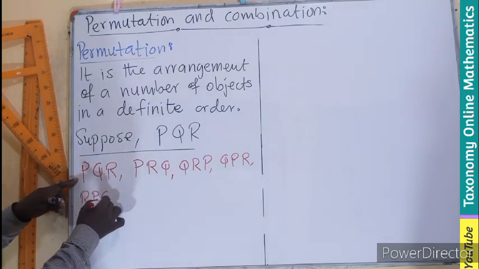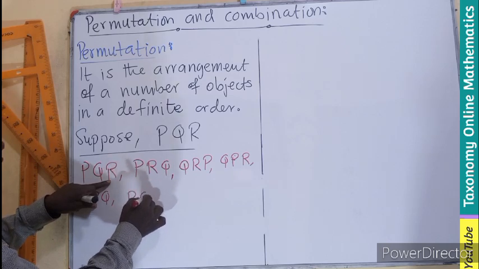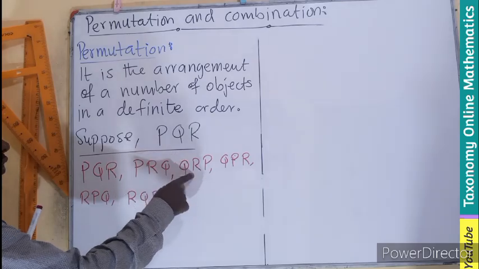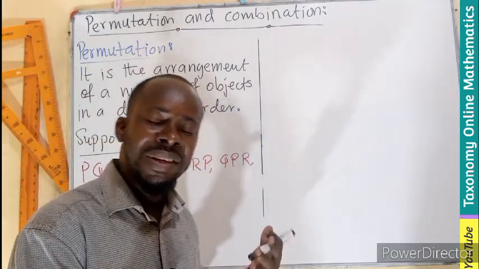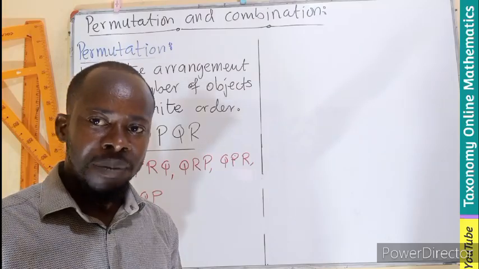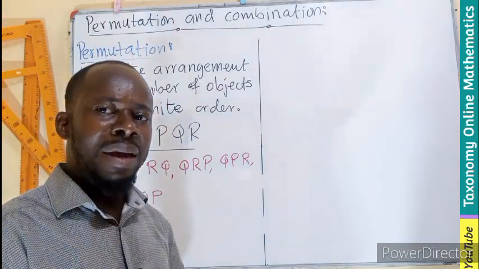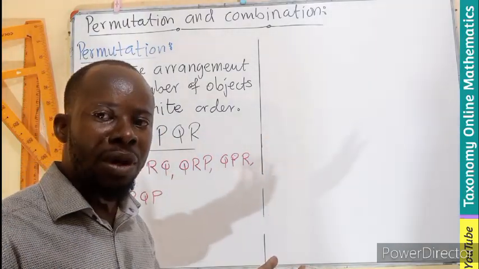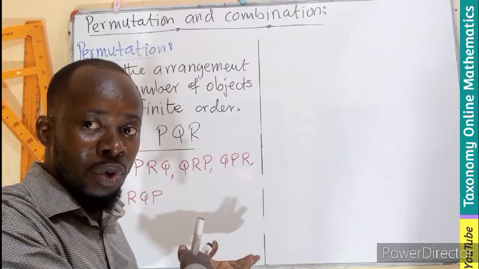R will take P and Q. Then if I take R, it will take Q and P. So you can see 1, 2, 3, 4, 5, 6. There are 6 various ways by which this can be arranged. Alright, that is if we are trying to have the time to arrange them. But under mathematics, if the numbers we have are more, it becomes difficult to arrange all of them in the order in which I am doing it.